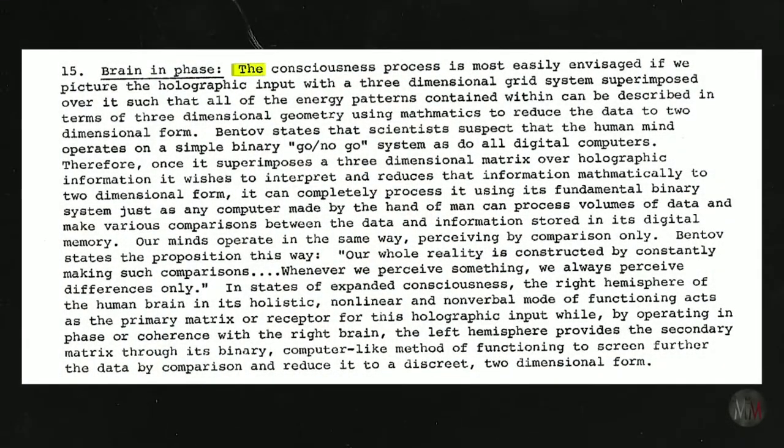The consciousness process is most easily envisaged if we picture the holographic input with a three-dimensional grid system superimposed over it, such that all of the energy patterns contained within can be described in terms of three-dimensional geometry using mathematics to reduce the data to two-dimensional form.